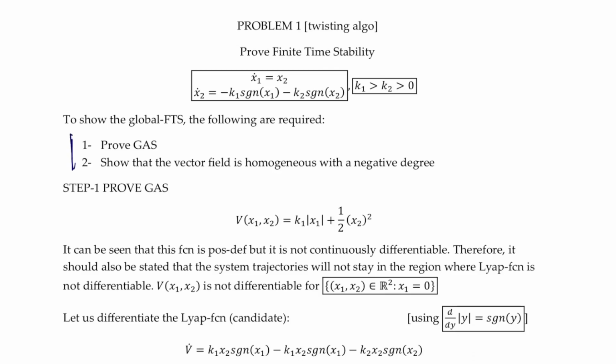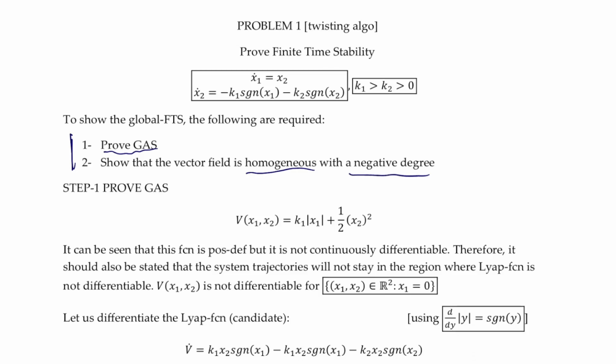This is a theorem, actually. It's an important theorem, and I will talk more about this in a moment. But first, prove global asymptotic stability. And then show that the vector field is homogeneous, and weighted homogeneity is something that we will talk about, with a negative degree.